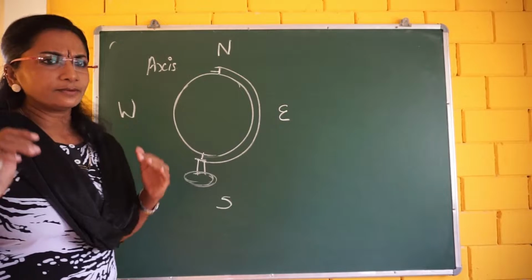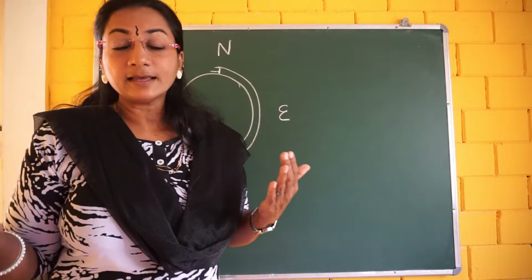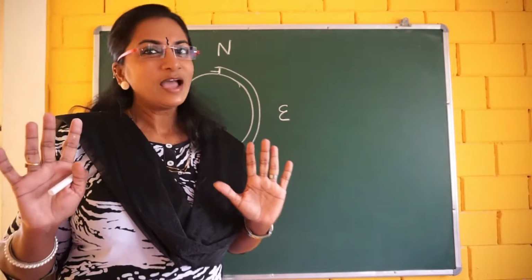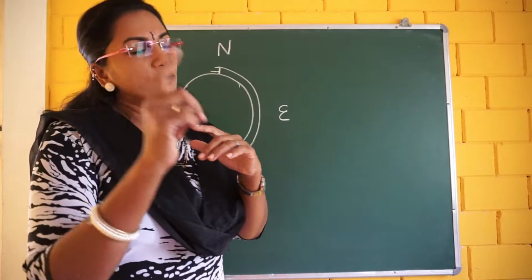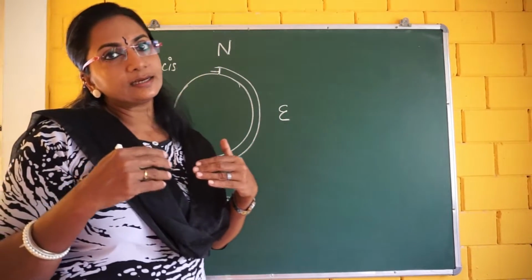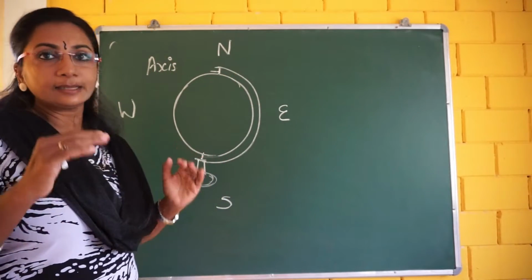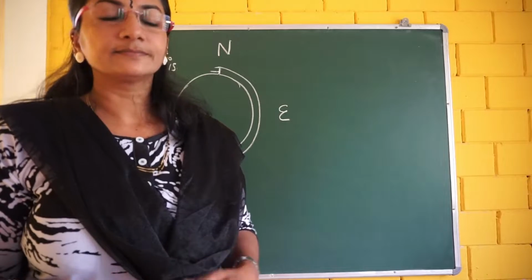Then you may ask whether our real earth has a needle. No, our real earth does not have a needle, but it moves around its axis, which is an imaginary line. For our original earth, this needle is an imaginary line and we call it the axis. Got it?